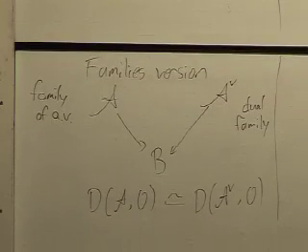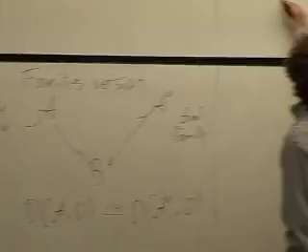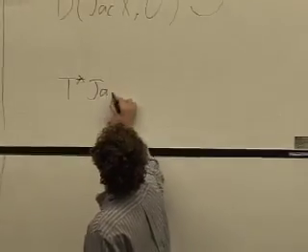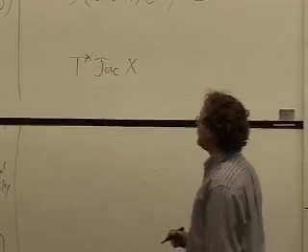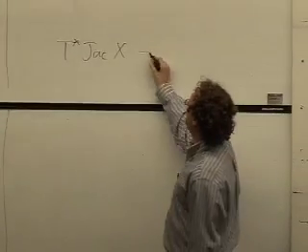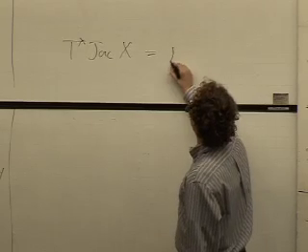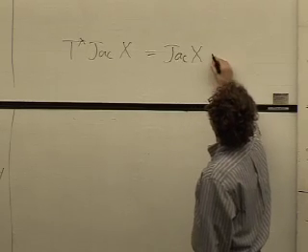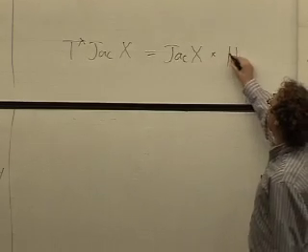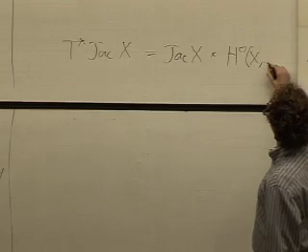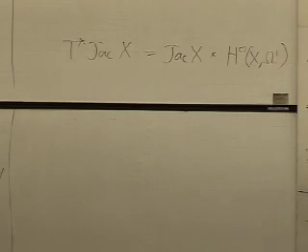To do this, I'm going to have a really silly family. I'm going to look at the cotangent bundle of the Jacobian again. We decided that cotangent fibers at every place are the same, so this is isomorphic to the Jacobian of X cross the cotangent space at any point, which is the space of holomorphic one forms.